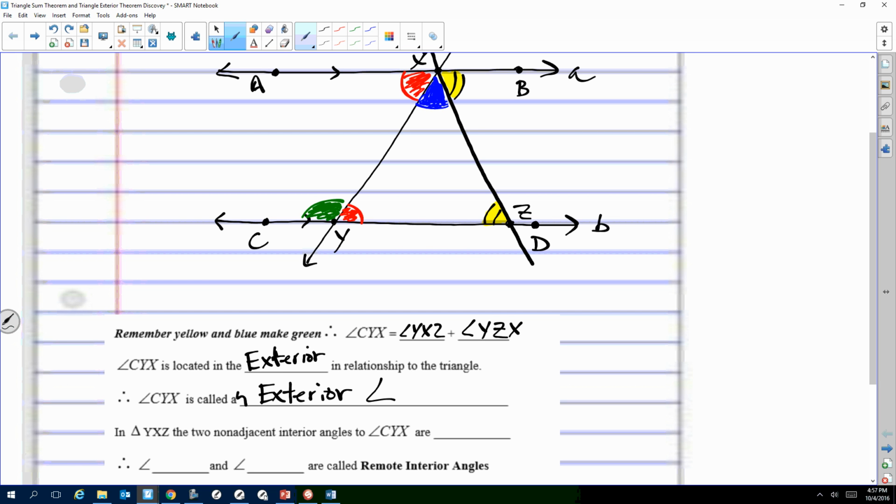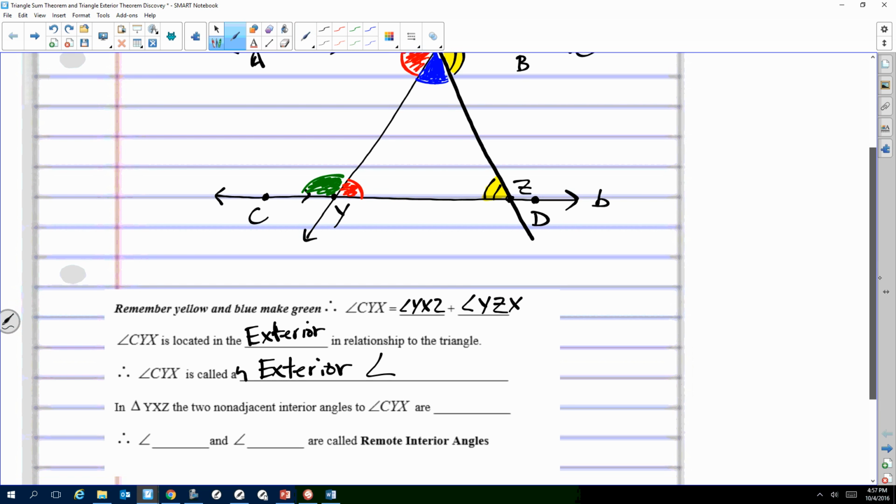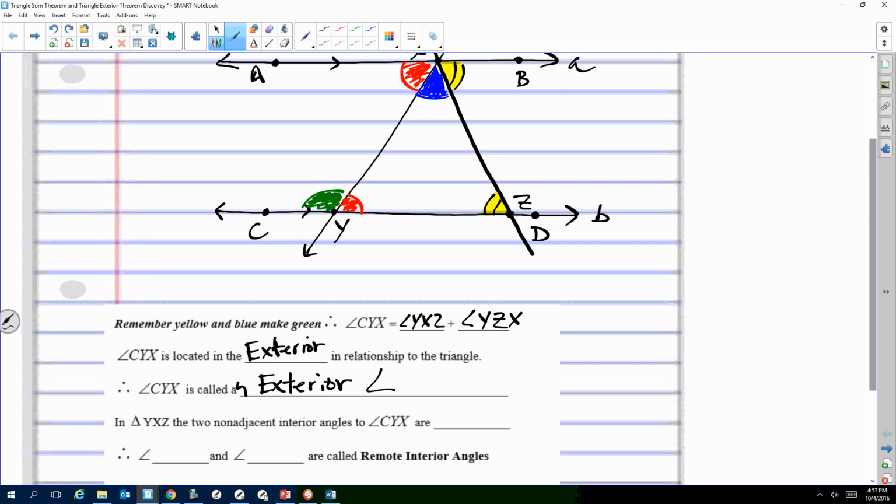Okay. Now, in the triangle YXZ, so in our triangle in between the parallel lines, the two non-adjacent interior angles to CYX are non-adjacent, meaning it can't be next to it. So right now, if I look at my green, red is next to it, that's adjacent. So we want non-adjacent, that's our blue and yellow angles.